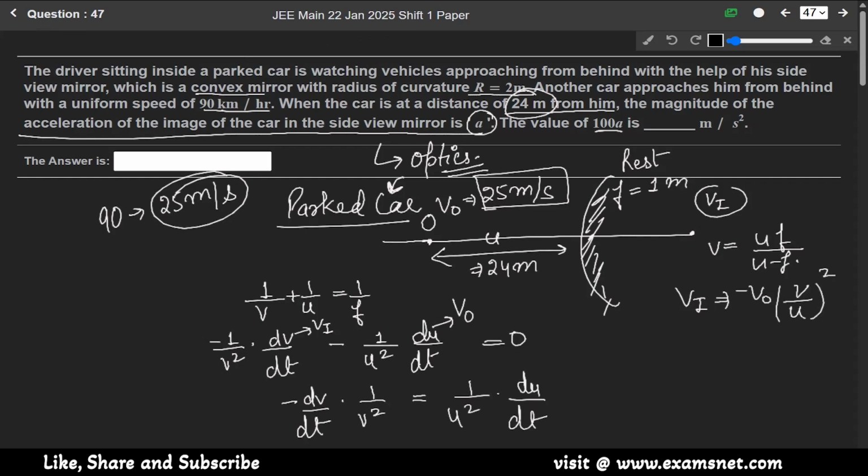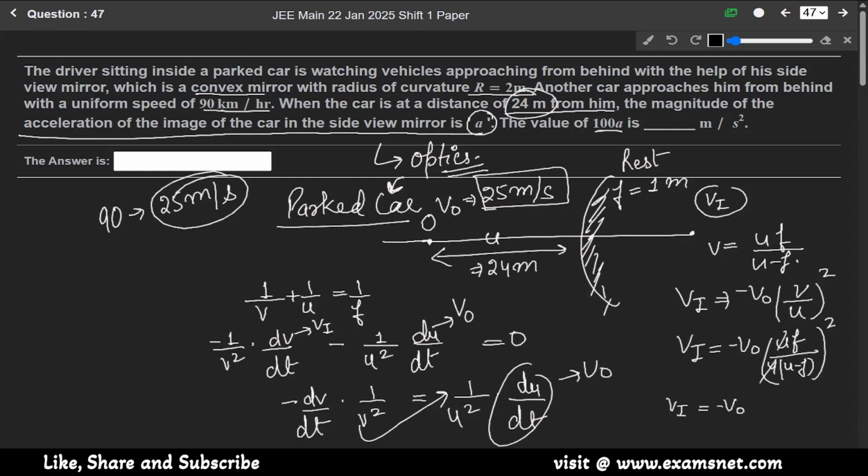Okay. From here, this is V naught. This will come here. So it will be (V over U) whole square. So Vi will be equal to minus V naught, and V is UF over U minus F. So (UF over U minus F) whole square. This U cancels out. So Vi is equal to minus V naught times (F over U minus F) whole square.